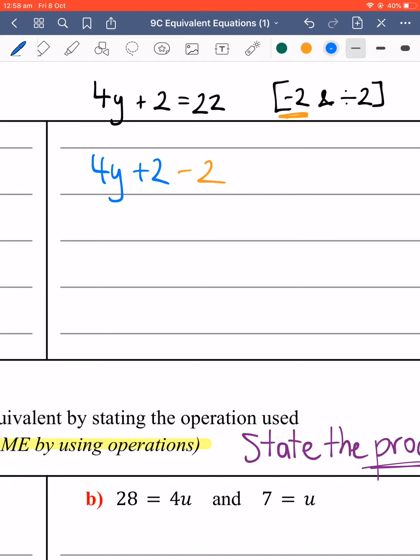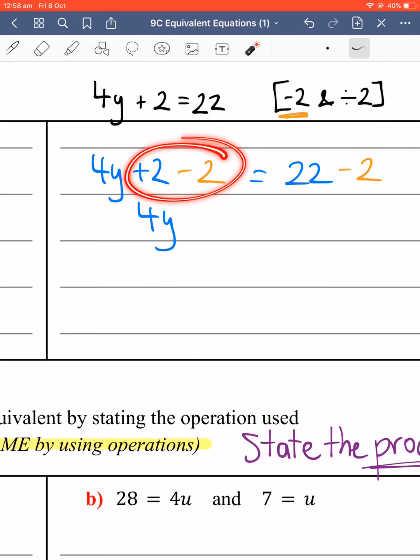Minus 2 equals 22 minus 2. Okay, and let's simplify as we go. So now I end up with just 4y because these two cancel each other out. So if I have 2 apples, I take away 2 apples, I've got no apples left. And 22 minus 2 gives me 20.